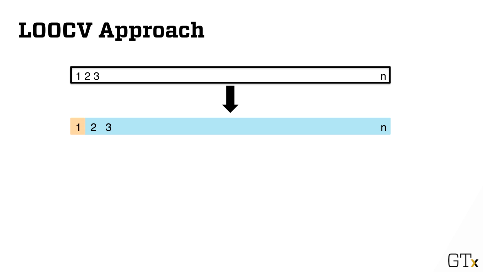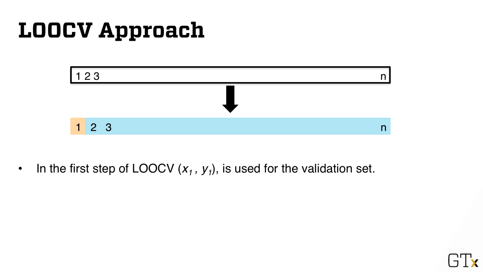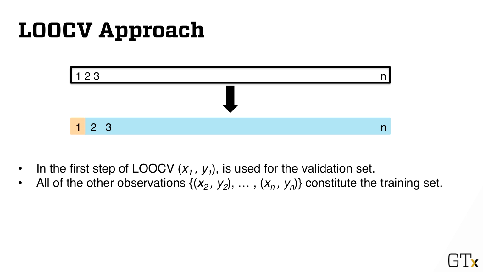In the first step of LOOCV, x1, y1 is used for the validation set, that is, observation 1 is the validation set. All of the other observations from number 2 through number 10 constitute the training set.